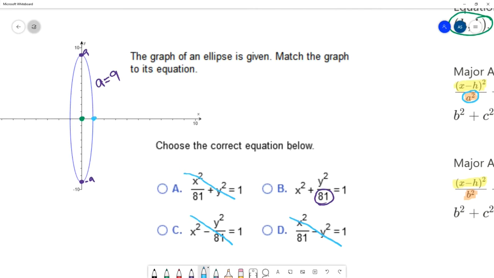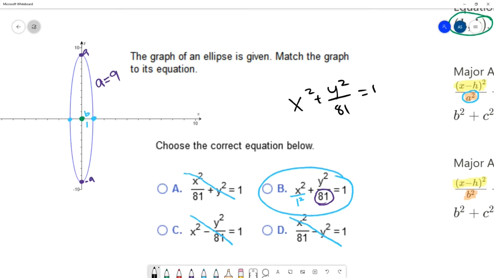Now B is the distance between the center and the shorter side, and that's a distance of 1, and that's why we have a 1 squared underneath the x squared there. So in this example, we get x squared plus y squared over 81 equals 1 as the equation of the ellipse.